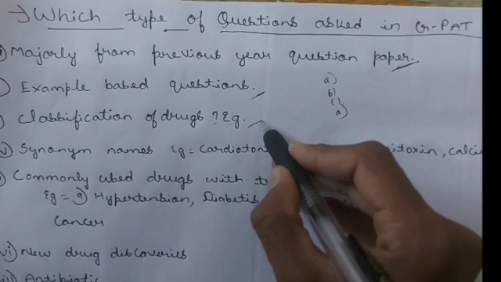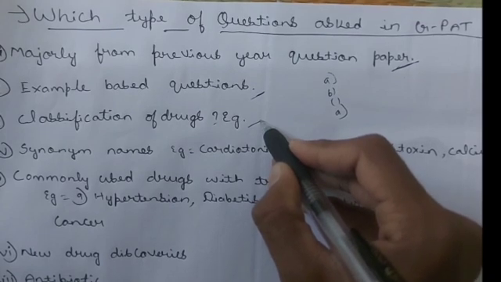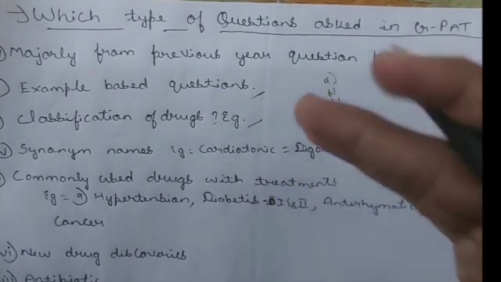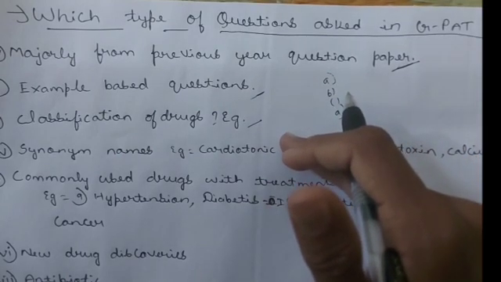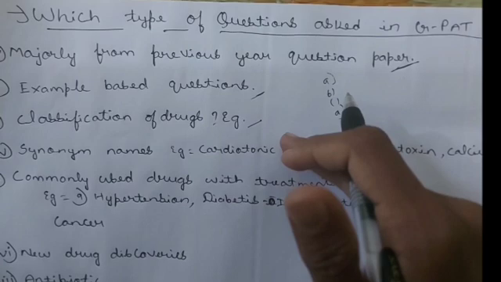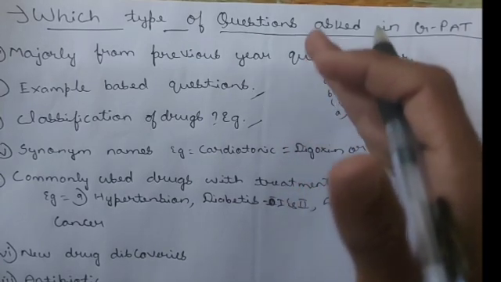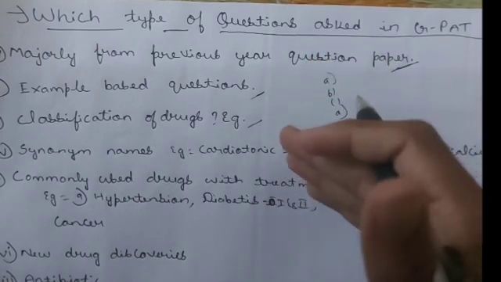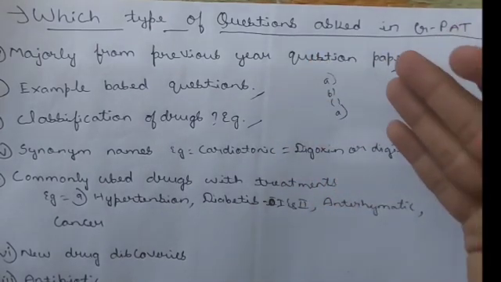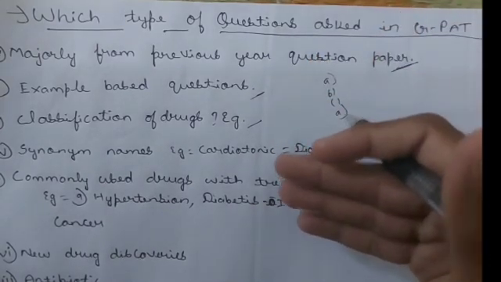Why? Many students just know the classification, but not the drugs classified. For example, in barbiturates, there are long acting barbiturates and short acting barbiturates. In the short acting barbiturates, some more classifications and examples are there. In long acting barbiturates, some examples are there.